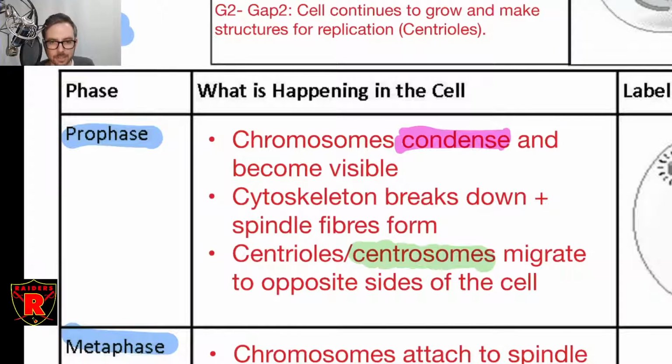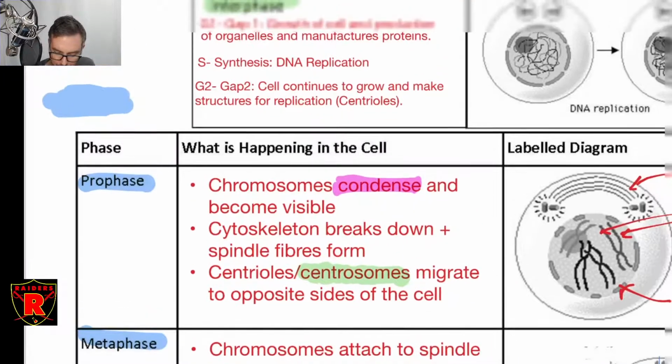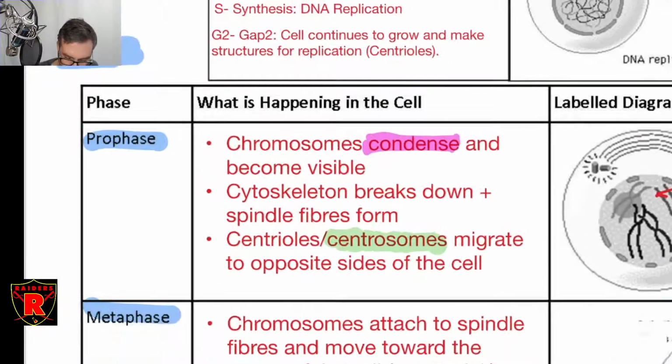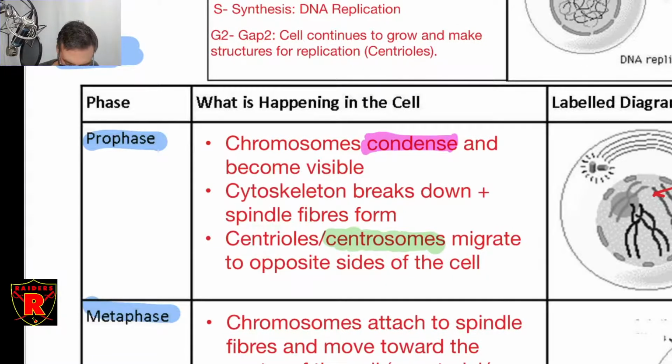In prophase, you take that DNA that was just laying out, see if I can draw it here, just laying out as a long strip of DNA, and you actually start to wind it around these little proteins called histones. And that is what actually makes the DNA visible under the microscope.